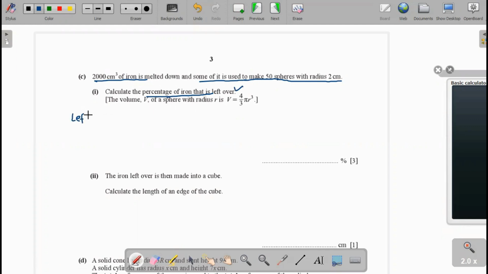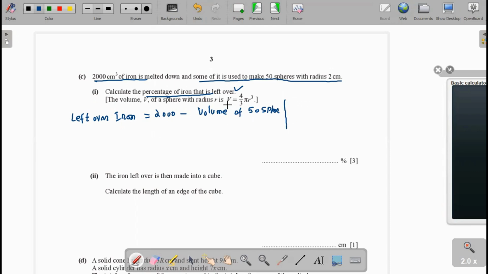The leftover iron will be equal to the total volume of iron, 2000 cubic centimeter, minus the volume of 50 spheres. Now, firstly, we find the volume of one sphere.